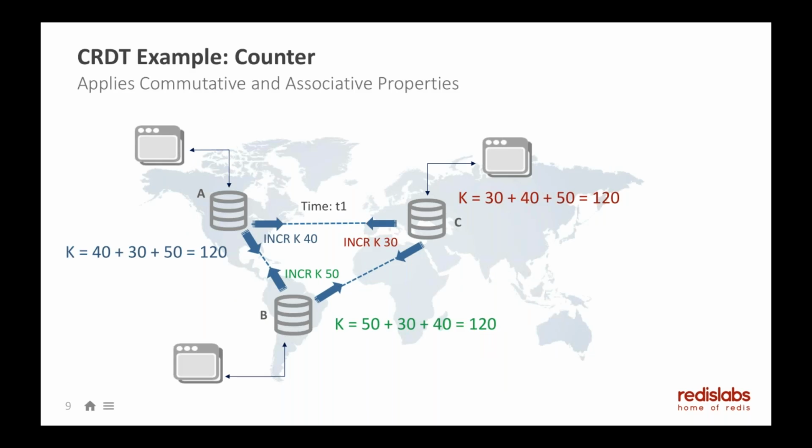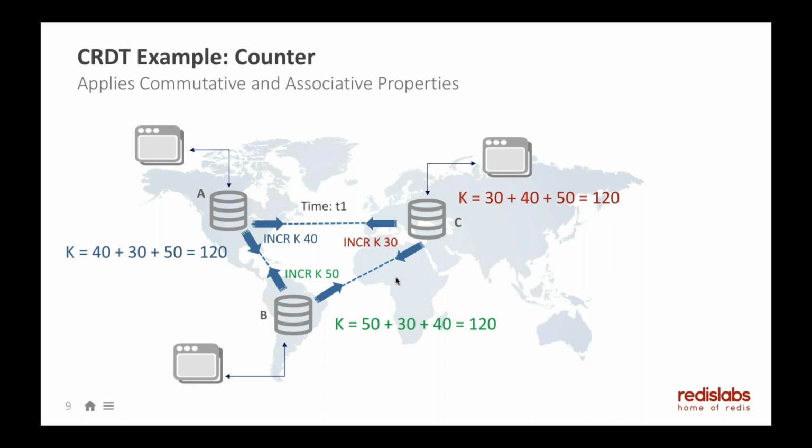Right? Now, here is an example of a counter. Let's say there is a record K, and at one particular time T1, you update this record, you increment. Now, this is a counter. So you increment this counter at 3 different data centers across the world. Let's say you increment this counter by 40 at data center A, and by 30 at data center C, and by 50 at data center B. Now, with last write wins, what happens is you record the last time, and you update the counter to one of the 3 numbers here.